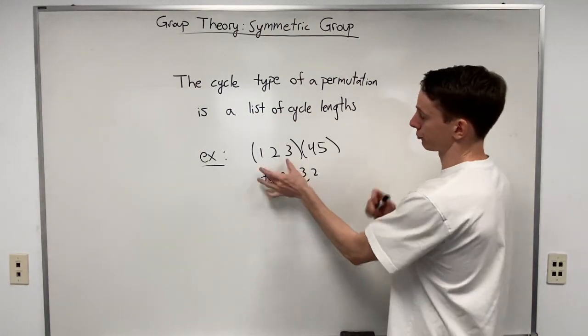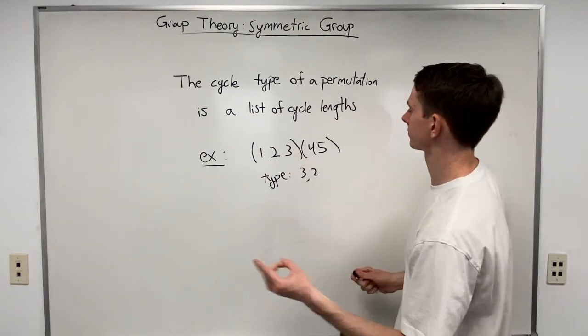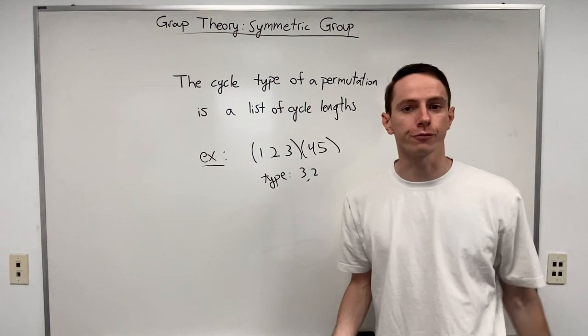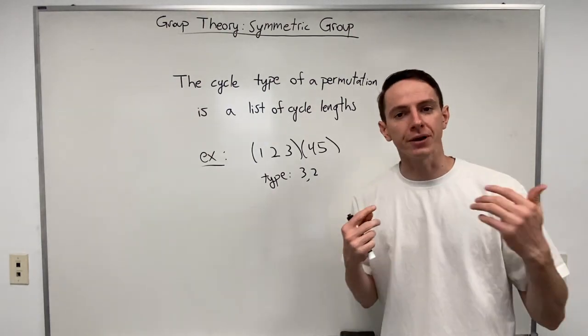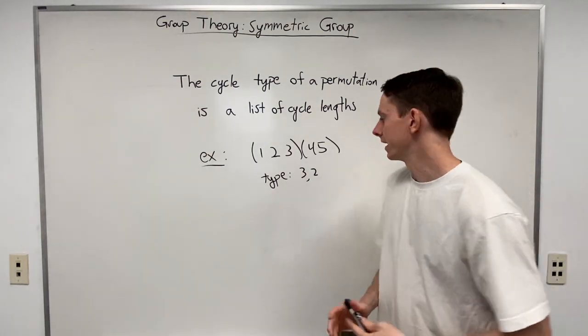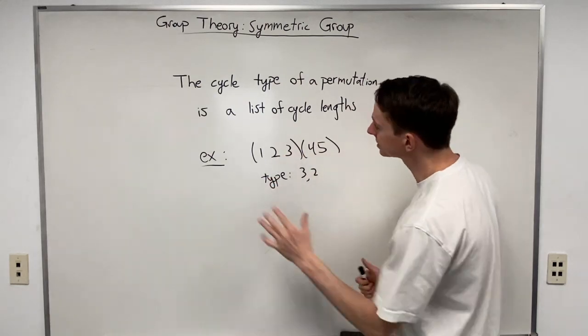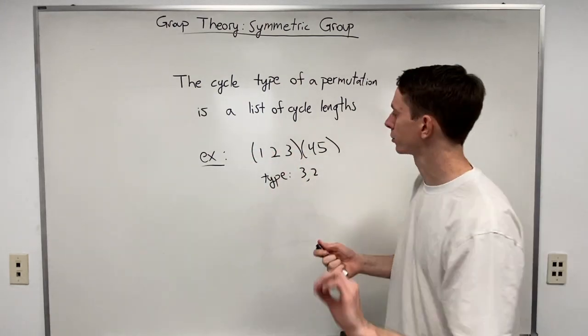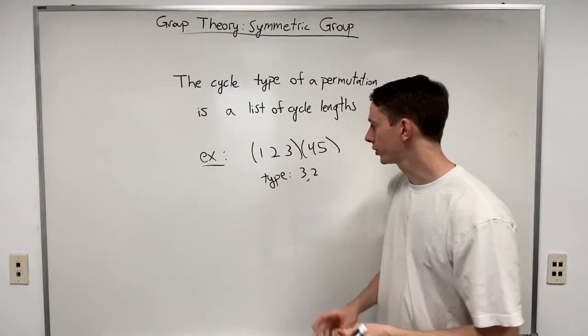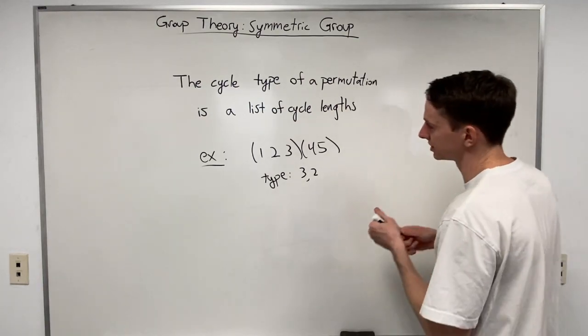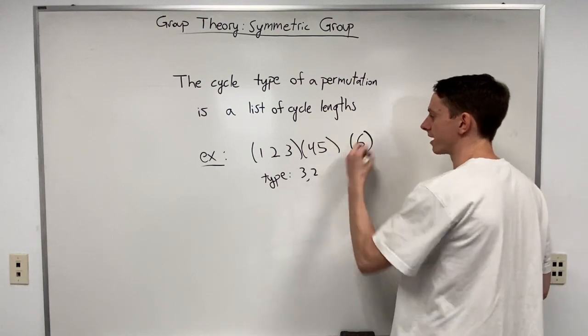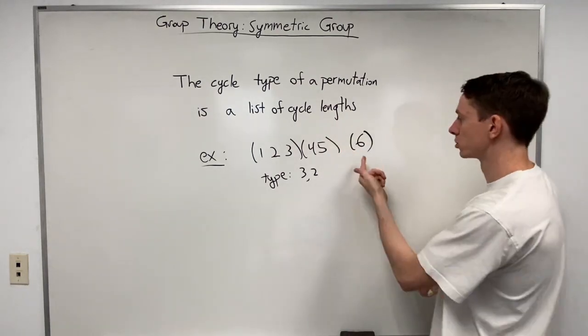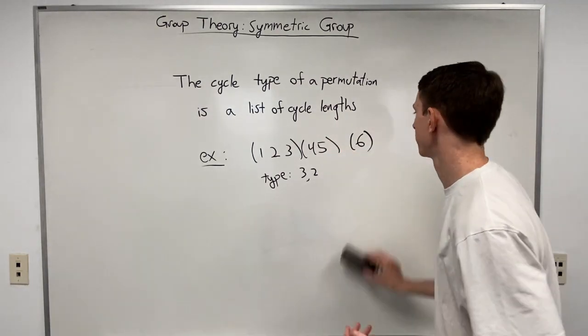We could have a type 3-2, we could have a type 4-2, a type 4-3. It really depends on how many elements are in Sn. And this doesn't even assume that we're working in S5, permutations on 5 elements. We could be working in S6, a set with 6 elements, but maybe we just have a 1 cycle or a singleton that we're just not writing out.